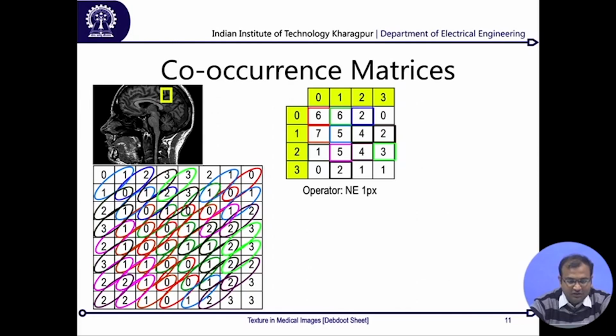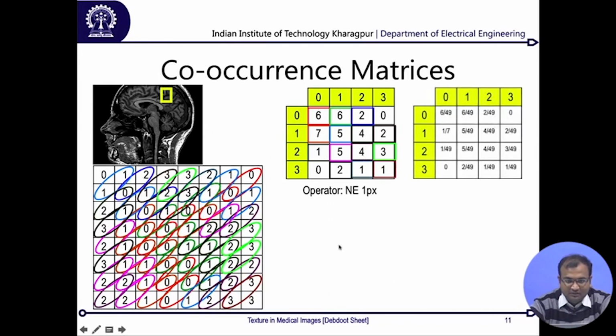Once you have done all of this, this whole table is basically a 2D histogram of co-occurrences. From a histogram I can definitely generate my probability map. The sum total of all the elements in this histogram is equal to 49. That also has a relation to the size of the image I am looking at.